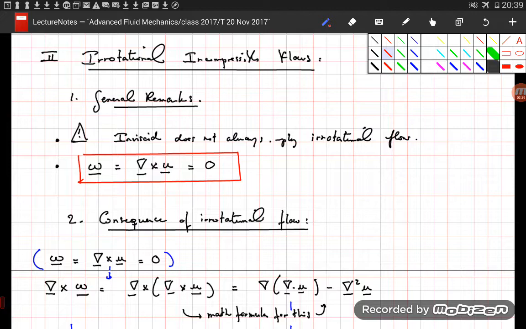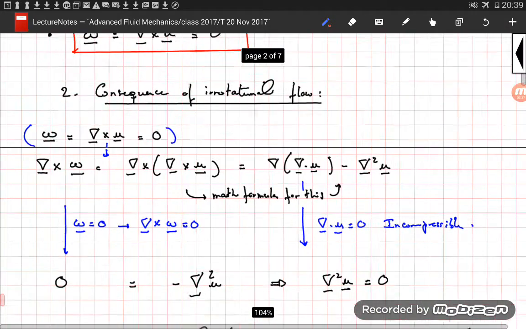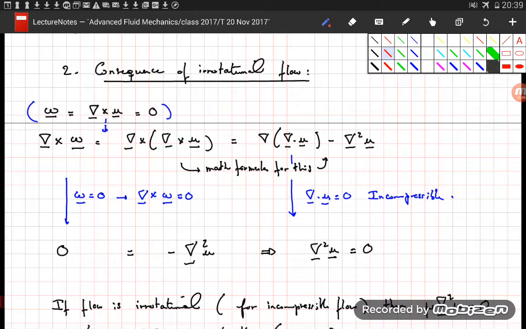Now there is an immediate consequence of irrotationality, which we discussed last Tuesday. If the flow is irrotational, you can take the curl of the vorticity. Now the vorticity is equal to 0, but there's a mathematical expression which allows you to write the curl of the vorticity as the gradient of the divergence of u minus the Laplacian of u. And if we are irrotational and incompressible, then we directly get that the Laplacian of the velocity is equal to 0.